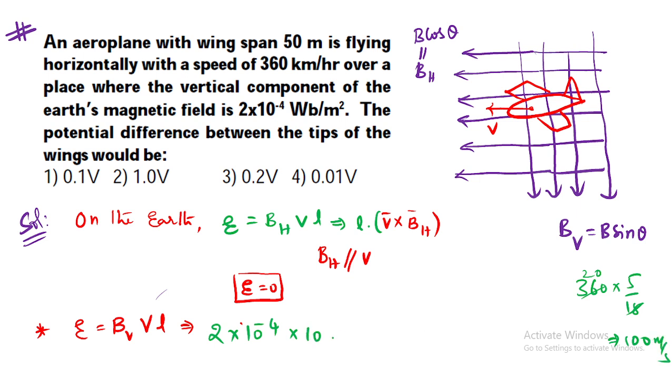So 2 times 10 power minus 4 into 100 into L. Length of the span is how much? 50. Total answer is 1 volt.